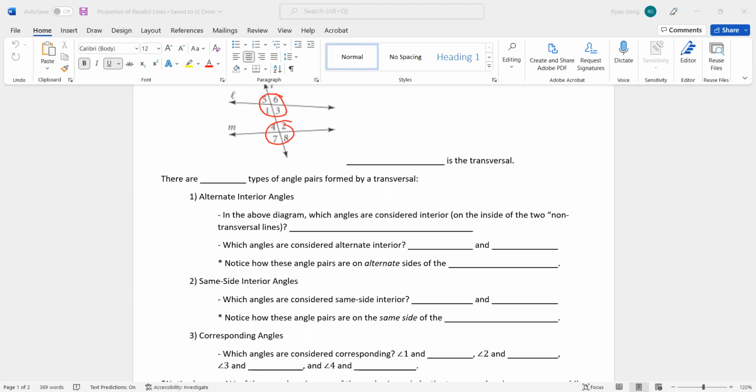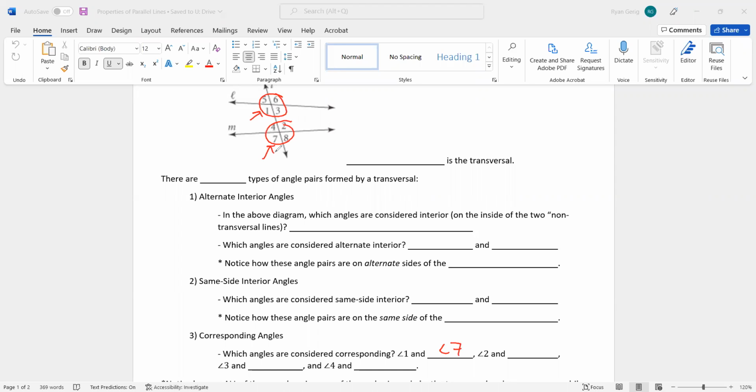Corresponding would be the same corner of the intersection. If I'm looking at angle 1, that's the bottom left corner of that intersection. What's the bottom left corner in the other intersection? That's angle 7. So angle 1 and angle 7 would be corresponding.